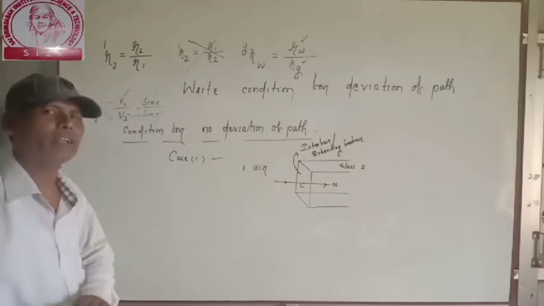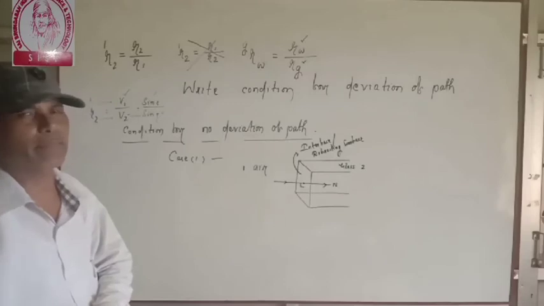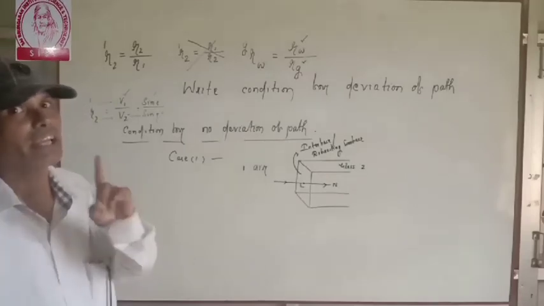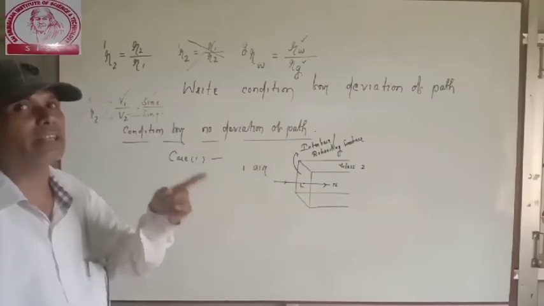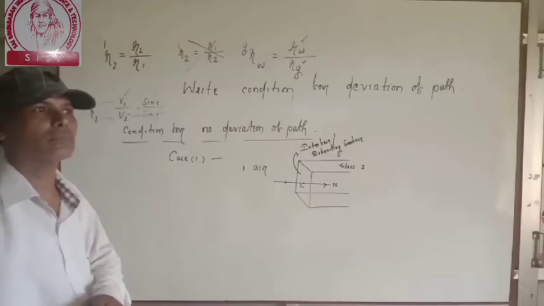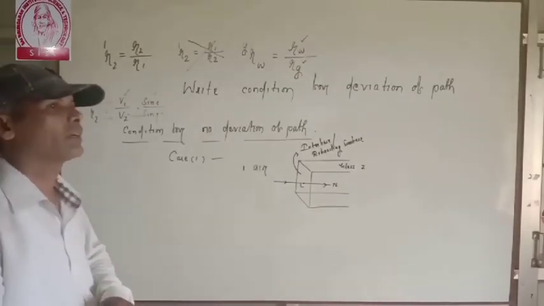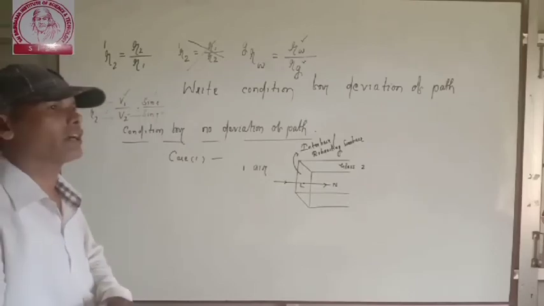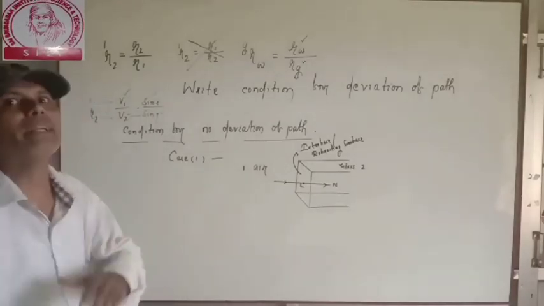There is deviation of path because I is not equal to R. Either I is greater than R or R is greater than I. It depends on whether the light propagates from rarer medium to denser medium or denser medium to rarer medium.